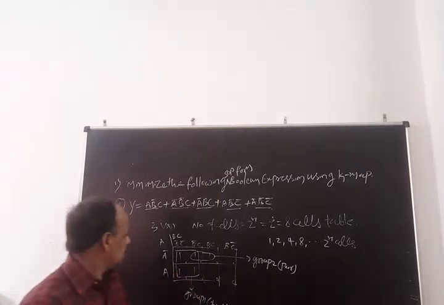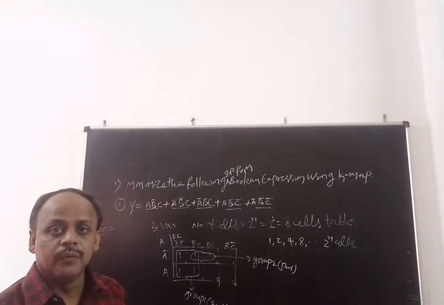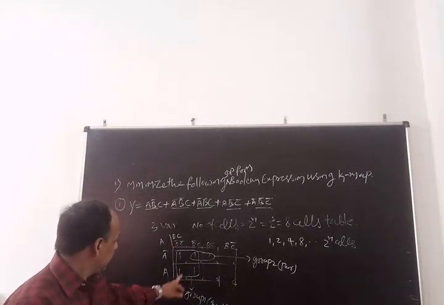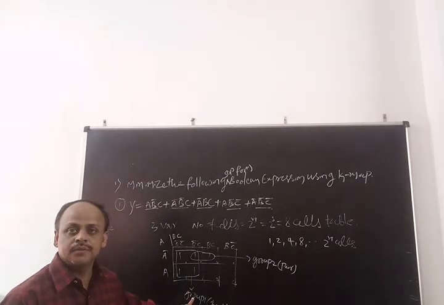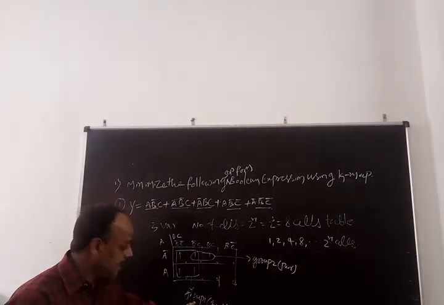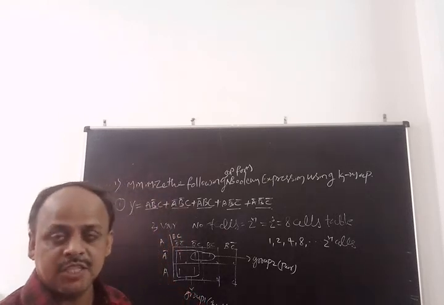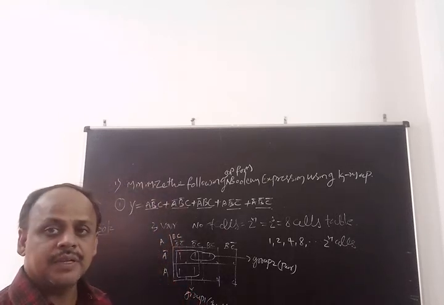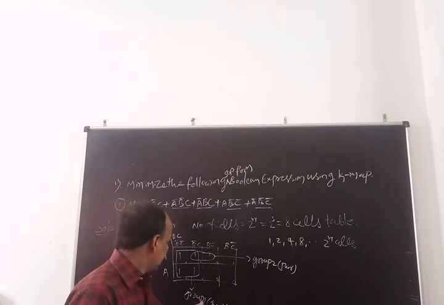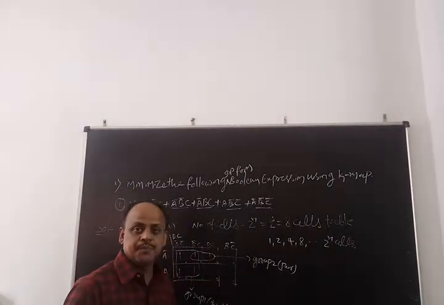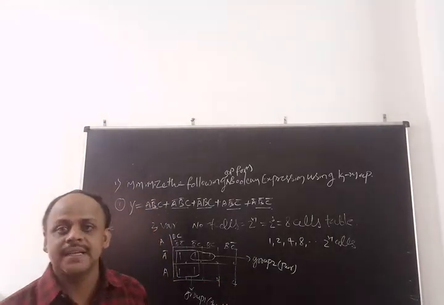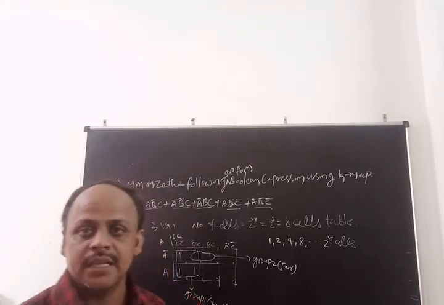Now the next step is we have to simplify each group to get the minimized expression. Afterwards we have to add each simplified term of the groups. Then we get the minimized simplified Boolean expression.